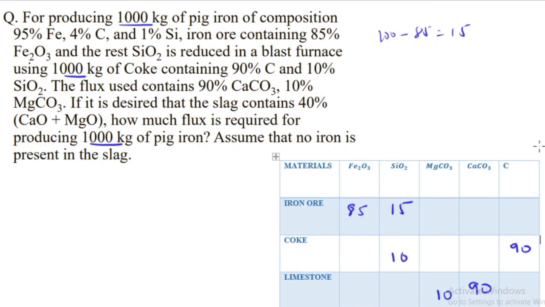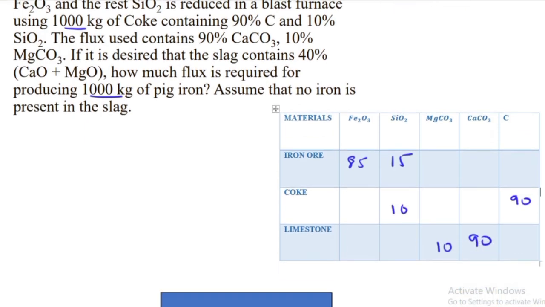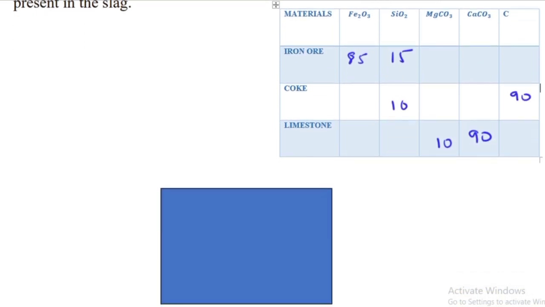Now let's go to the block diagram, whereby you're going to use the block diagram to present that. So let's take note of the question. For the block diagram, we know that we have the ore coming in. We have the coke also coming in, and the last one is the limestone.